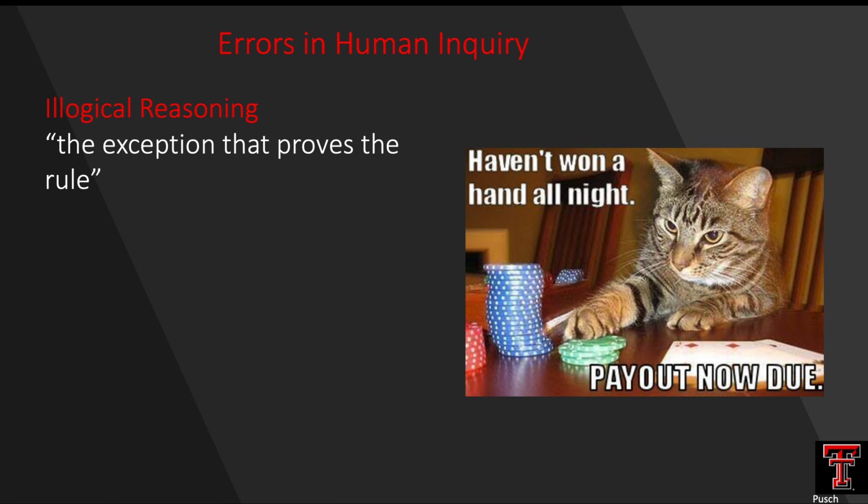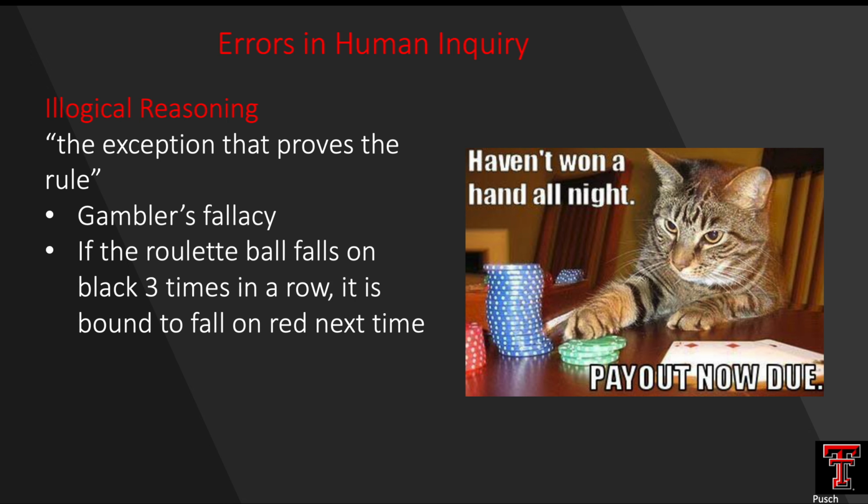So another error in human inquiry is illogical reasoning, or the exception that proves the rule. A good example of this is the gambler's fallacy. This tends to be thinking that there's a pattern of observations, and if something has the same pattern a few times in a row, then there's bound to be a difference there.